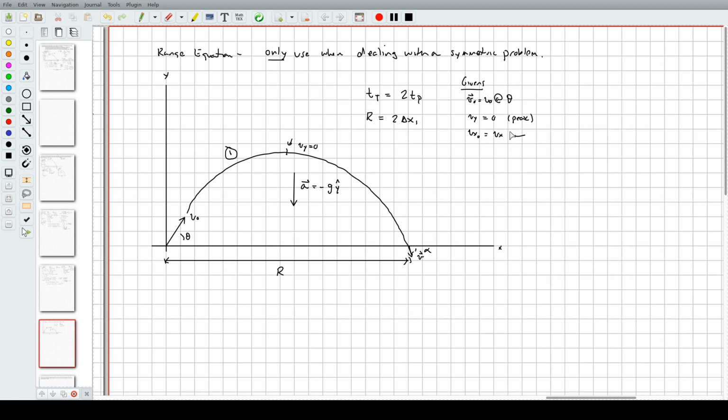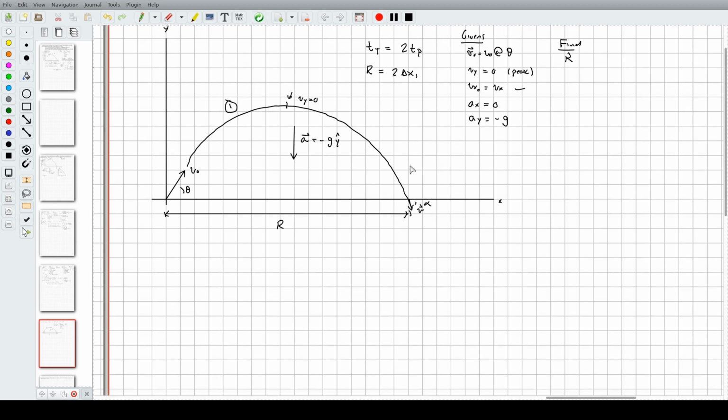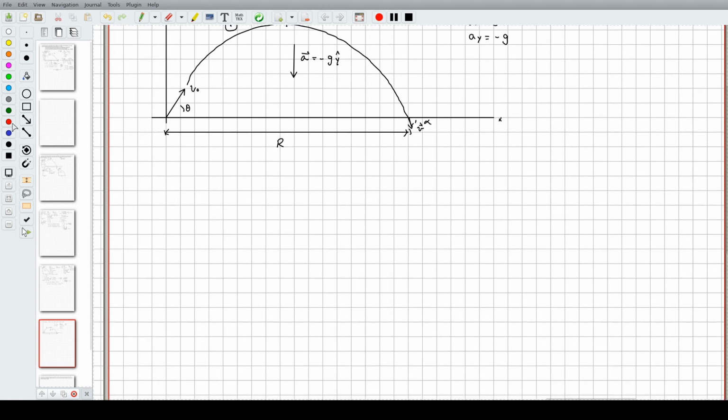If you remember, this is because there is no acceleration in the x direction. But we do know that there is acceleration in the y direction. It's g down, right? I think that's about it. And really what we want to find here is the range. So we're only going to work the first half of the problem, and use the information from the first half to find the range.